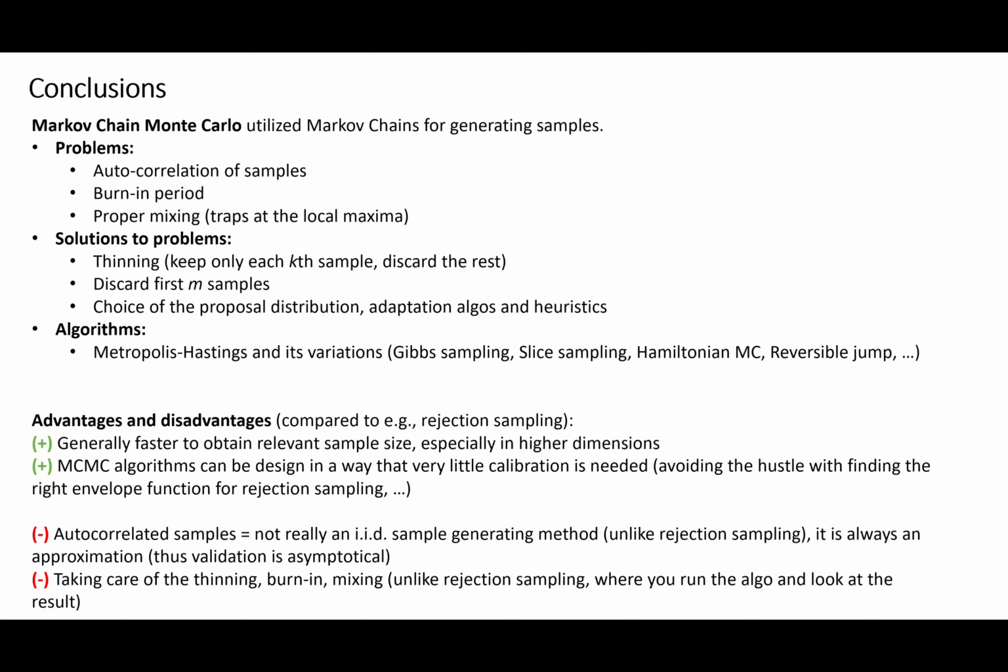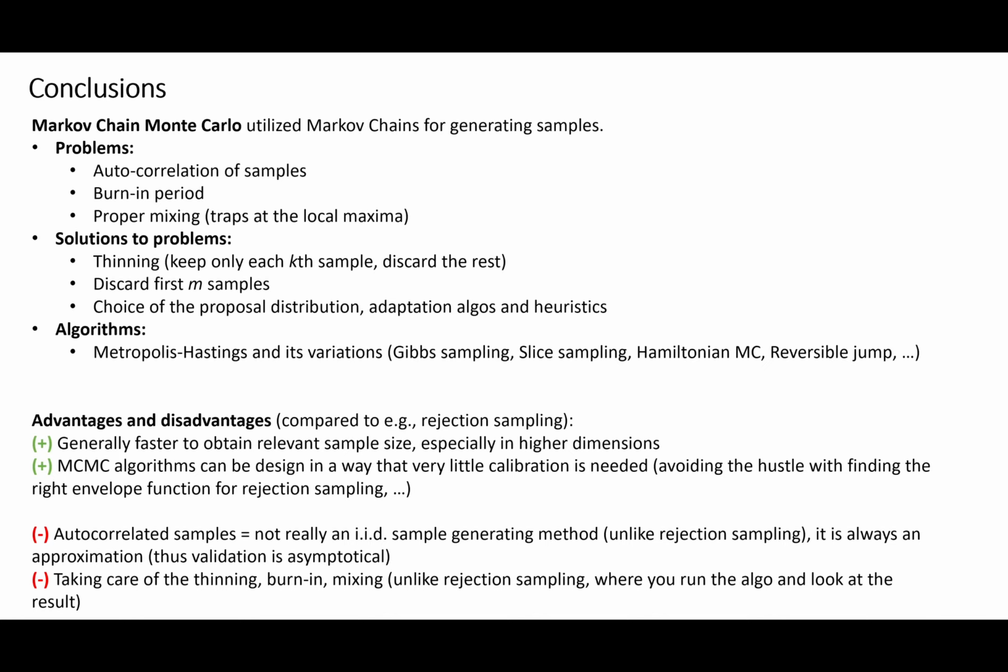Why is that? Because it works quite nicely in higher dimensions compared to, for example, rejection sampling. So that's one advantage of the algorithm. And also there is this promise that MCMC algorithms can be designed in a way that very little calibration is needed. In rejection sampling, if you don't find the right envelope function, you can really decrease the efficiency of the algorithm a lot, or you can render it quite useless if you choose it very poorly.